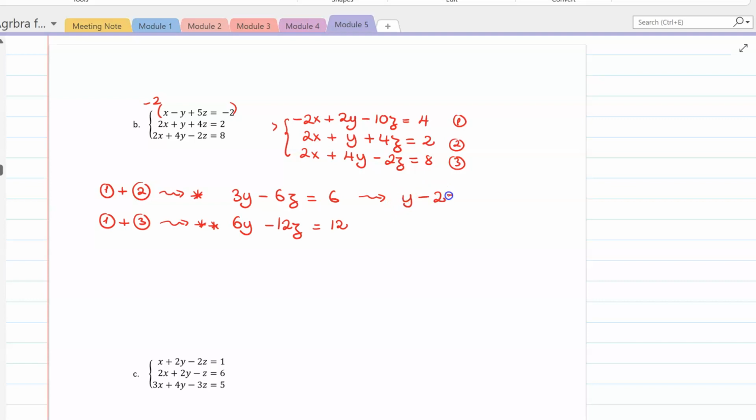Y minus 2z equals 2. And simplify the second equation by 6. So y minus 2z equals 2. Now if you're looking at this, you see these 2 equations are the same.